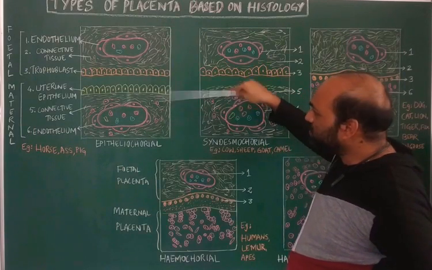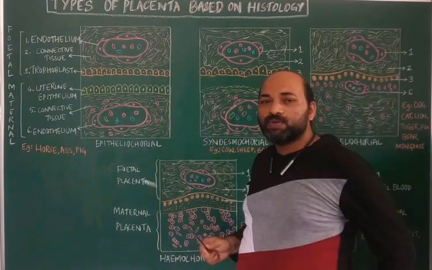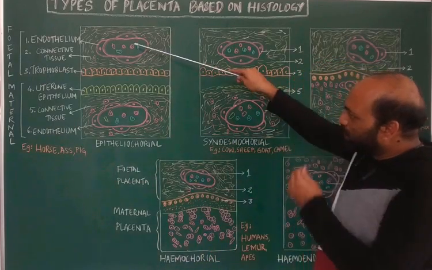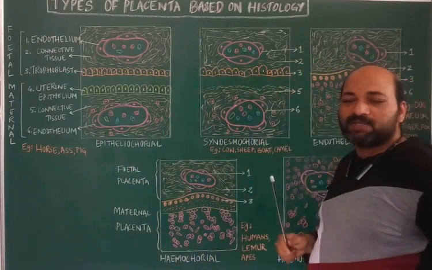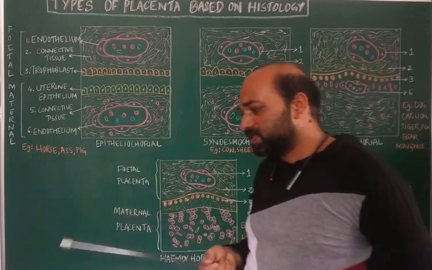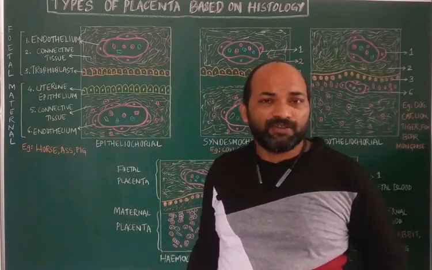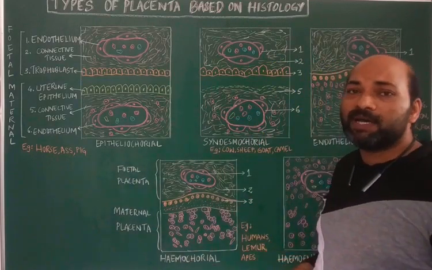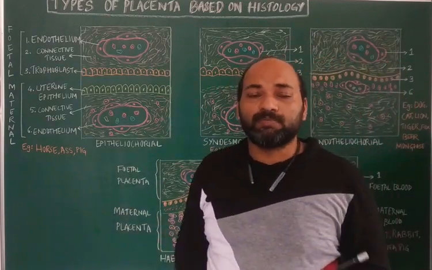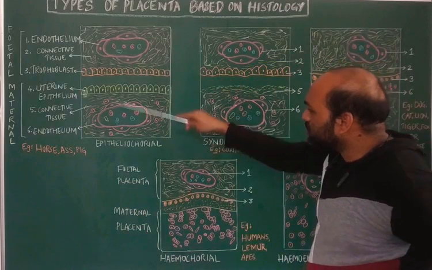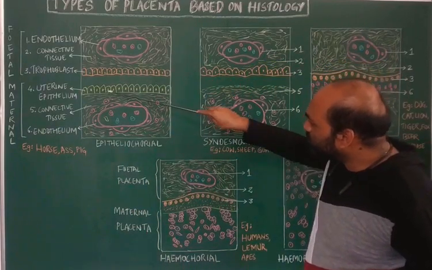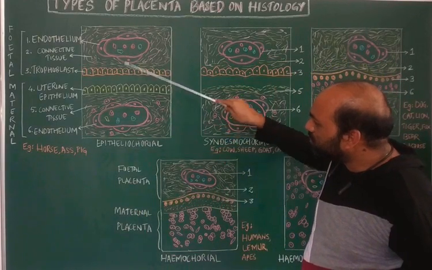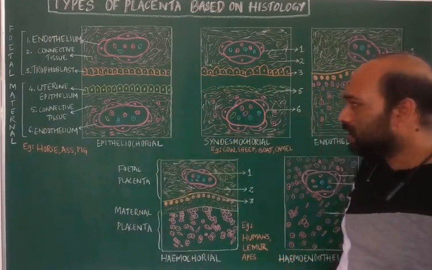So exchange of substances occurs between these two endothelia. The exchange may be by diffusion, by active transport, or even by pinocytosis. As there is involvement of the uterine epithelium as well as the chorion, this is called Epitheliochorial placenta.